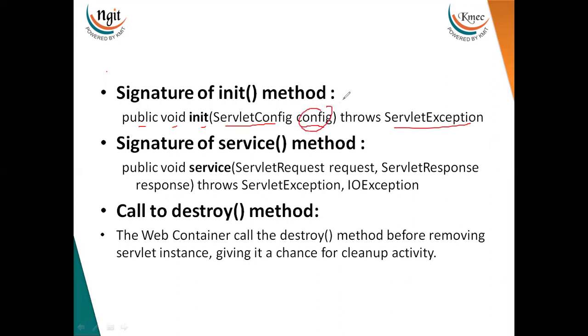This is going to be created by the web container for each servlet, and this object can be used to get the information about the complete servlet from the web.xml. So whenever we create the application, we create the deployment descriptor file. If you missed it, refer to 5.6, 5.5. There we discussed the web directory structure.